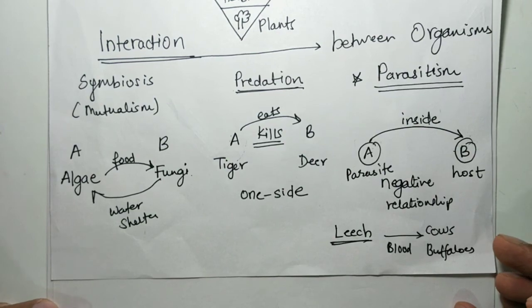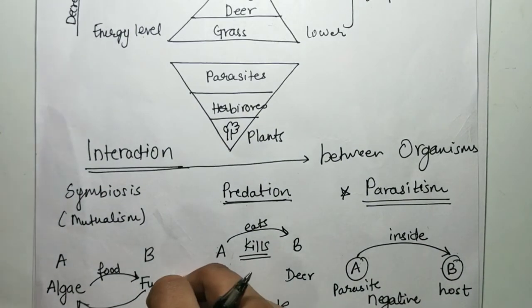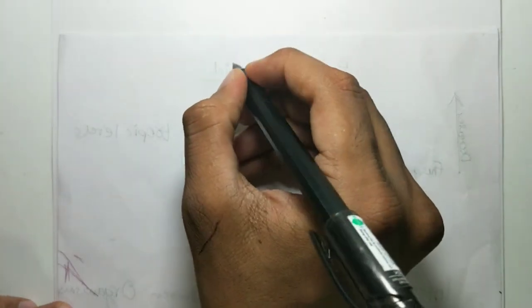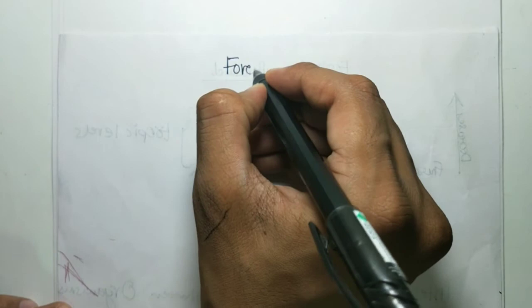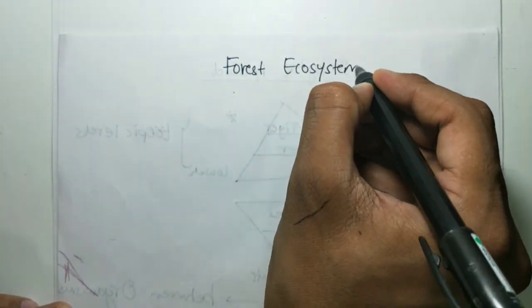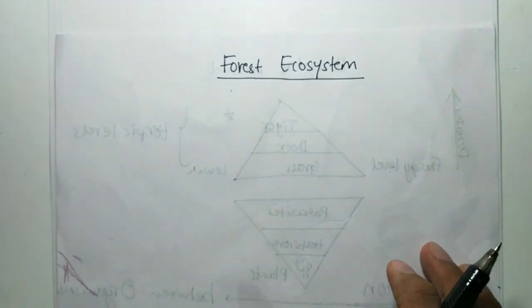Now the last topic is the forest ecosystem. Let's understand what the forest ecosystem is. There are three types of forest.